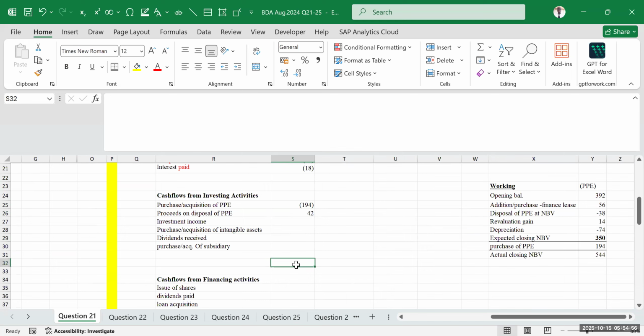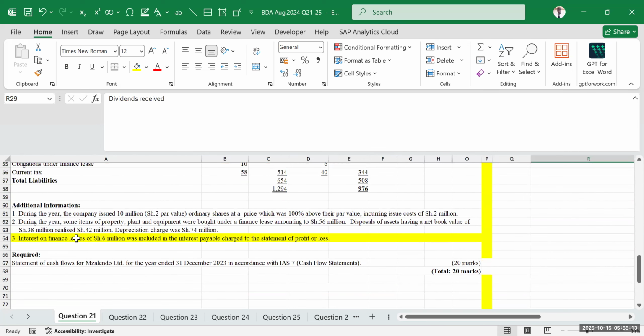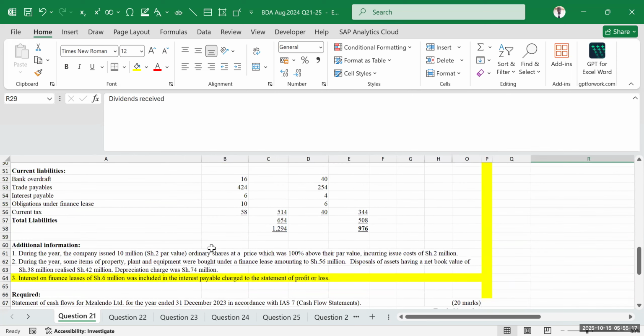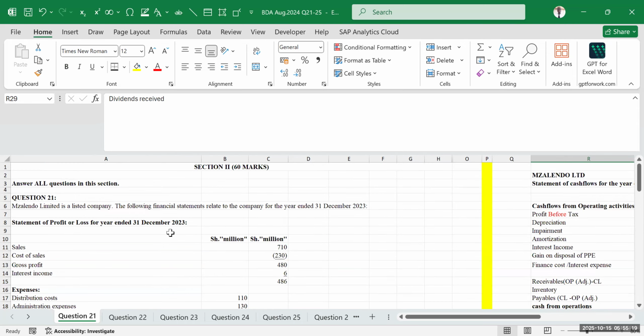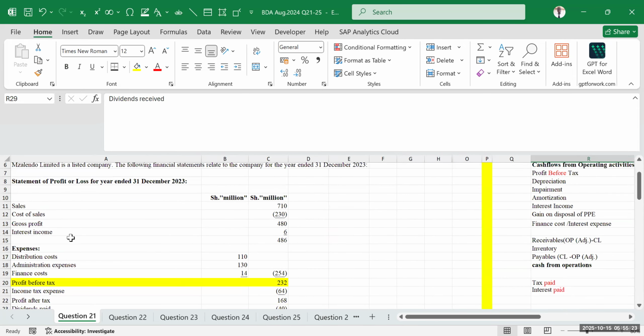Then we ask ourselves, in the income statement, was there any investment income? Was there any interest received? Was there any dividends received? If it is not stated in the additional information, which I'm not seeing any mention of interest received or dividends received, we check in the income statement to see, was there any interest received, any dividends received, and stuff like that.